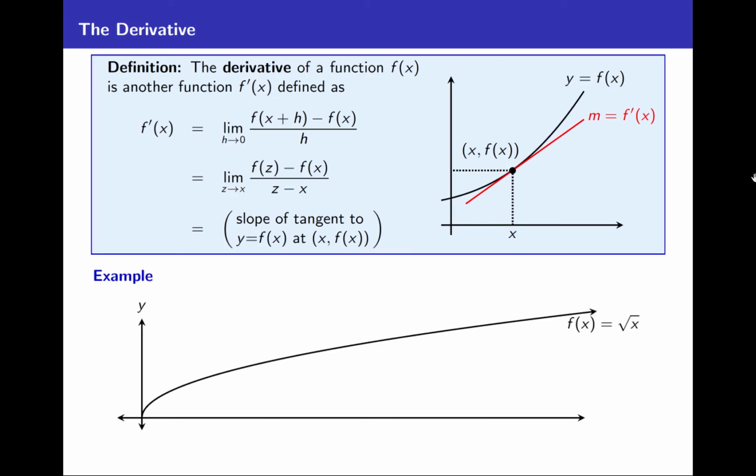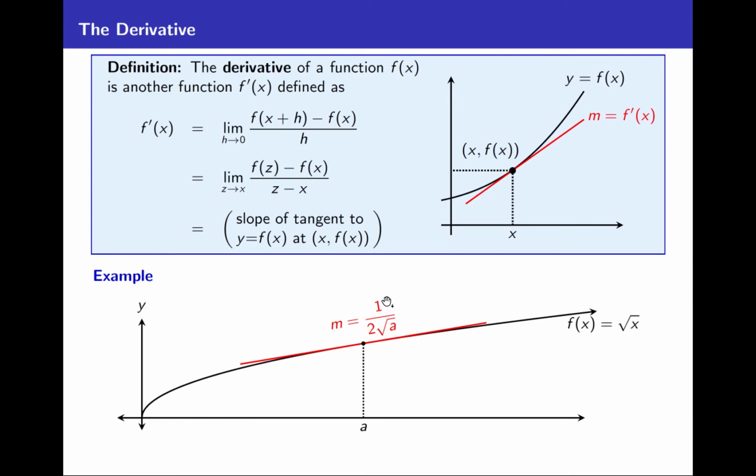Let's look at an example using our work from earlier in the lecture today involving the function f of x equals the square root of x. Earlier, we took a point A, x equals a. We looked at the corresponding point on the graph, took the tangent line, and we figured out the slope of that tangent line is 1 over 2 square root of a, which of course, as we noted, depends on what a is.